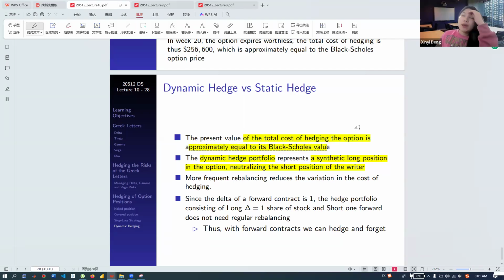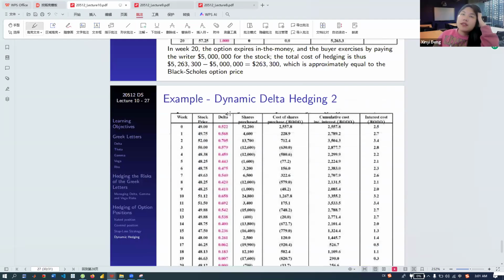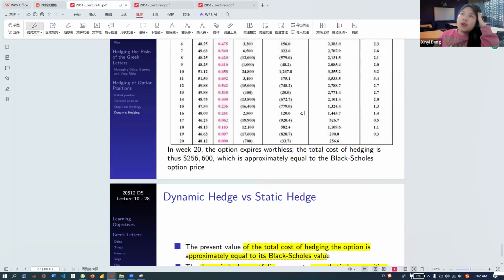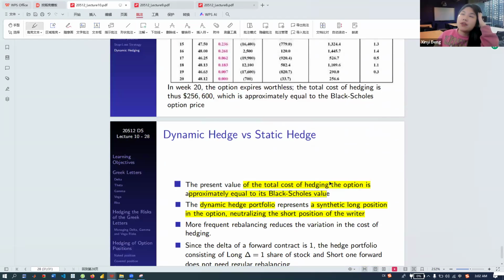For example, if we are shorting a call and doing this dynamic hedging, the Excel file is going to show you that the hedging cost we incur is just the value of that short position in the call. Therefore, with this first bullet point, this dynamic hedge portfolio is composed of that short position in the call.